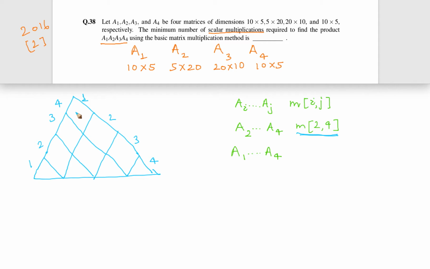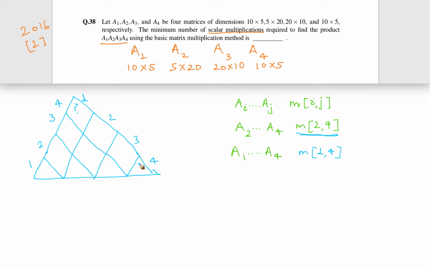I have to find this one, isn't it? For the entire multiplication from 1 to 4, Mij here will be 1 comma 4. So M14 I have to find out, which is the biggest subproblem, and it has to be found using smaller subproblems in the dynamic programming paradigm.